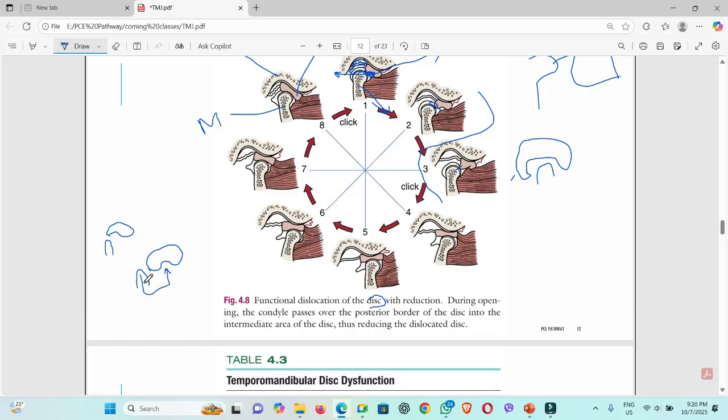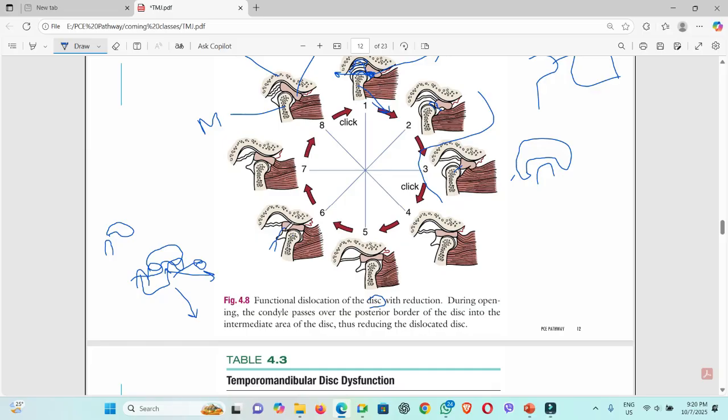So, if the condyle crosses this bump, we will hear one click. That is clear. It sits over this place, right? But if the person continues to open the mouth, okay, pathology, we are talking about some pathology, right? So the condyle will cross this bump as well while opening the mouth, and the condyle will reach here. You guys got it?